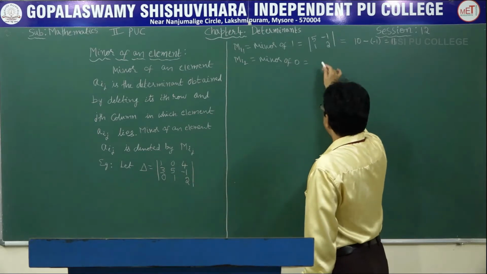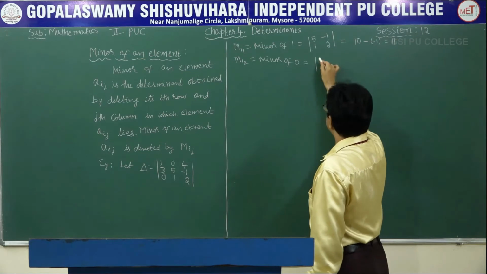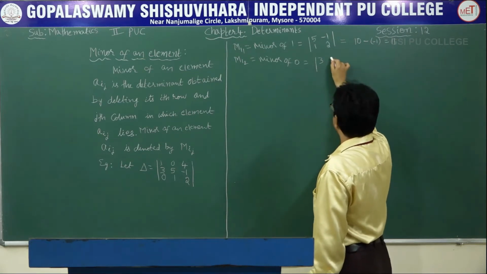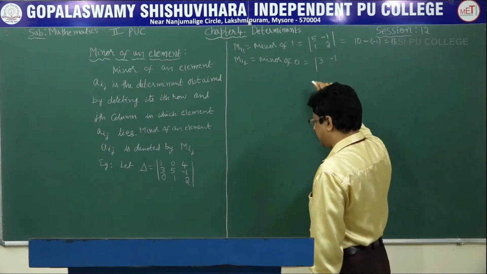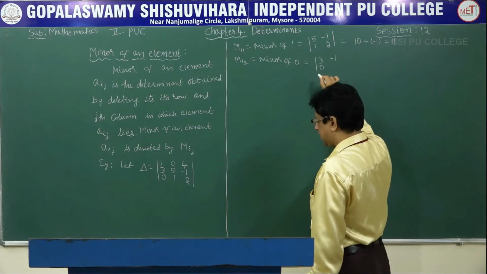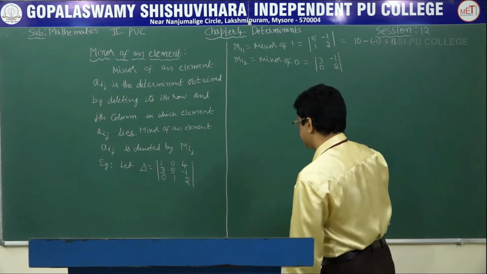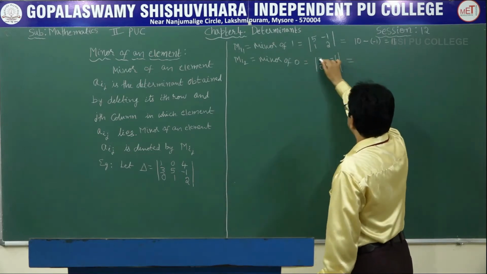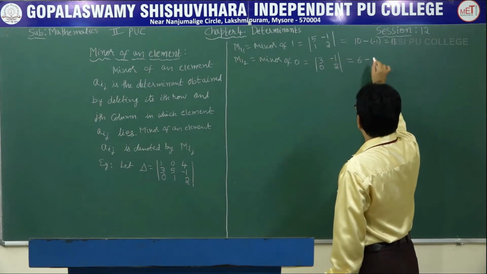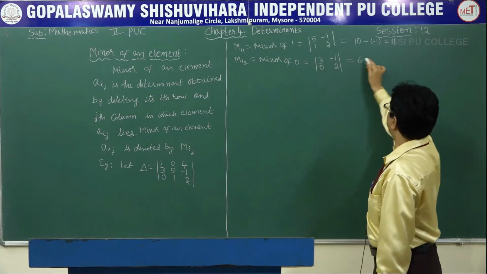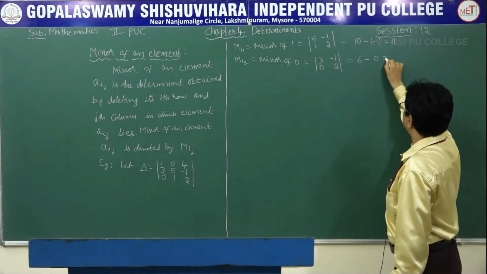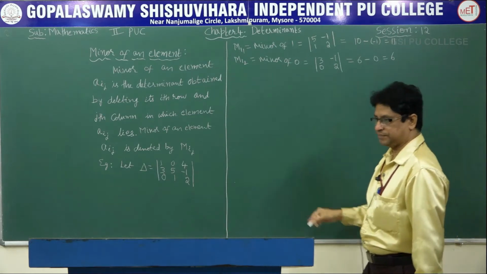That is equal to determinant of 3, minus 1, 0, 2. That will be equal to 3 2s are 6 minus 0 into minus 1 is 0, which is equal to 6.